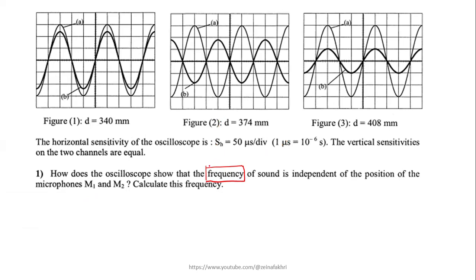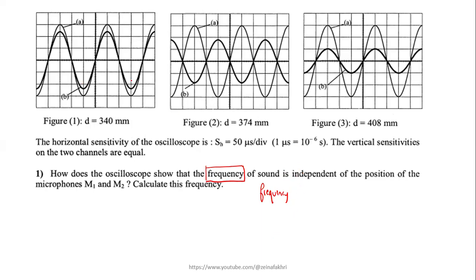So when he asks me to show that the frequency is independent of the position, it's as if he's asking me to show that the frequency in each of these figures is the same. But since I can't read the frequency from the figure, what I can find is the period. So it's as if he's asking me to verify that the period is the same.